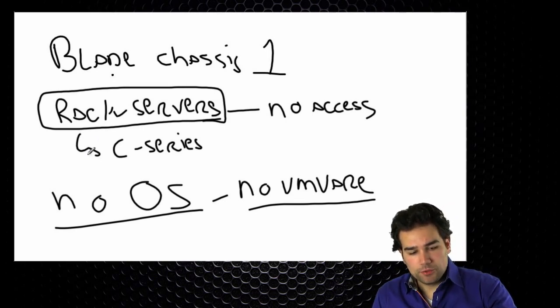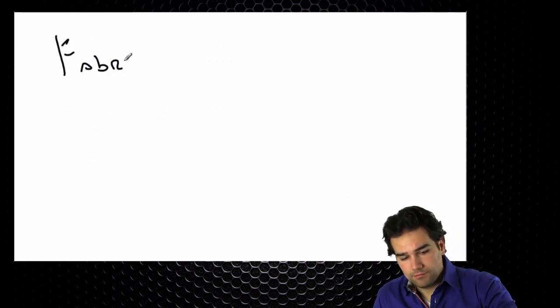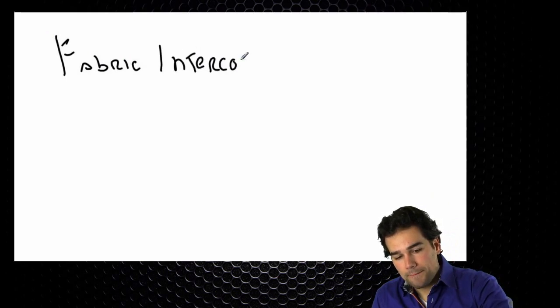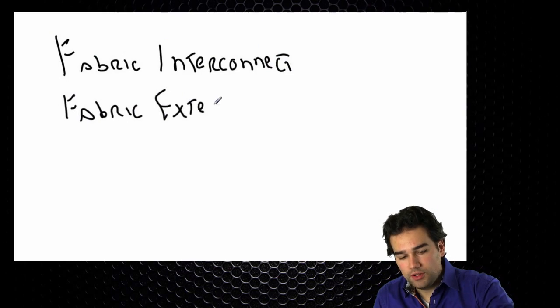And apart from blade servers and rack servers, we have some other components. We have something called a fabric interconnect, or FI for short. We have fabric extenders, although in the UCS they are usually called I/O modules.